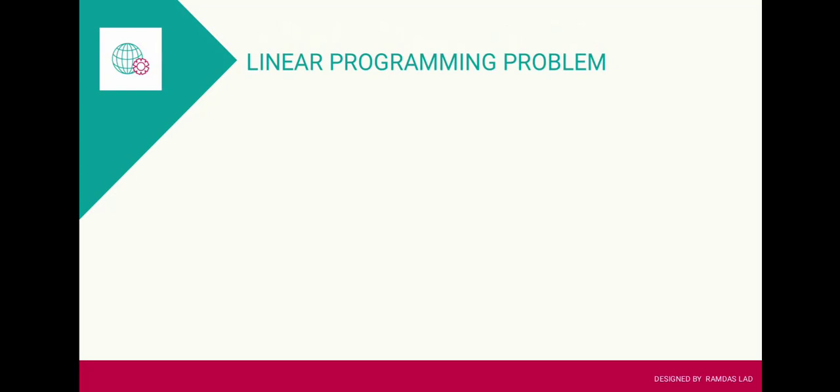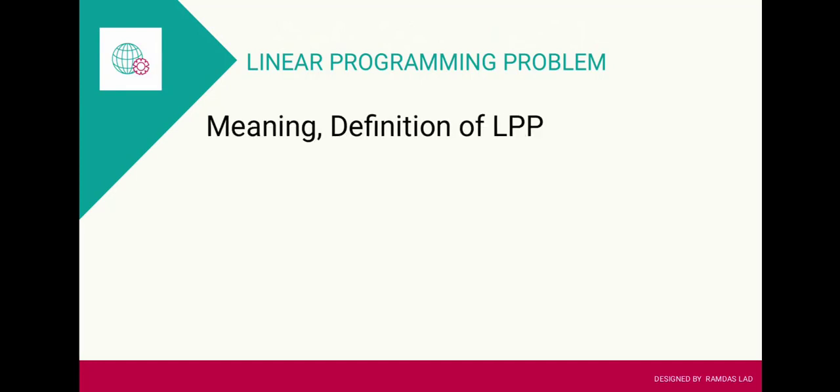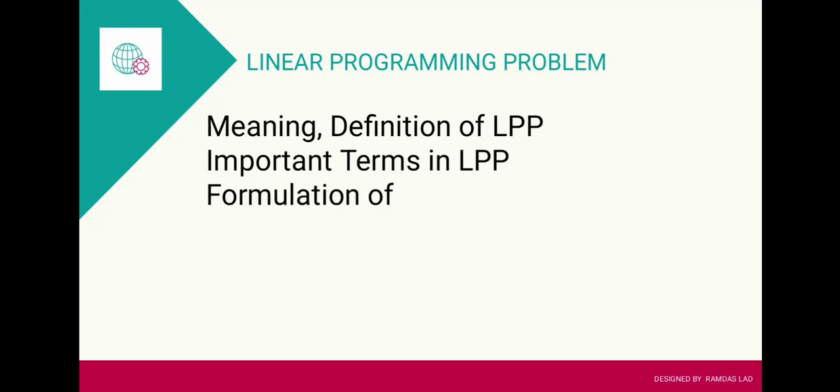In this chapter, you have to study the meaning of LPP, definition of LPP, and some important terms in LPP like decision variable, objective function, constraints, non-negativity condition, etc. This chapter is divided into two parts. The first one is formulation of LPP and the second one is solution of the given LPP. So you have to study these points for better understanding.